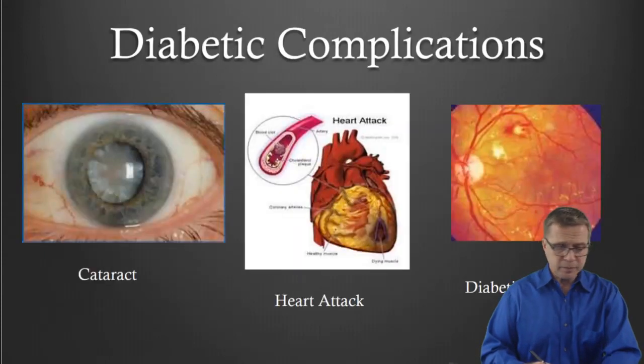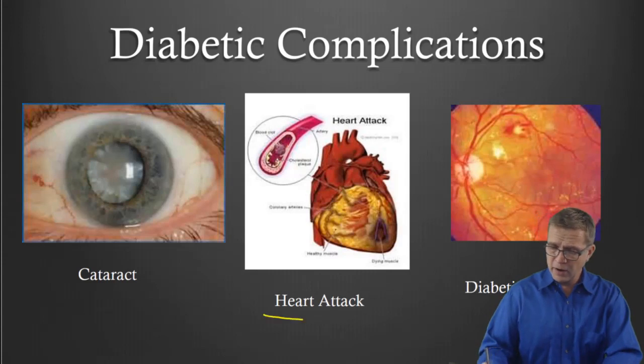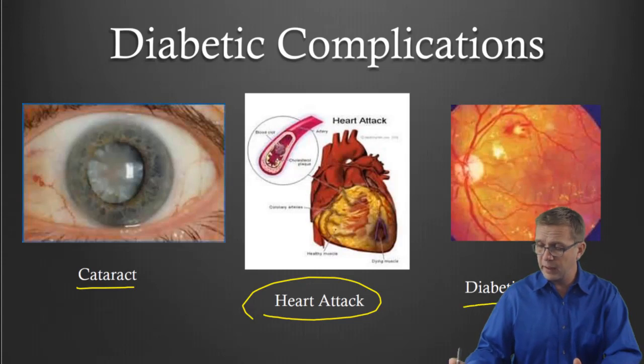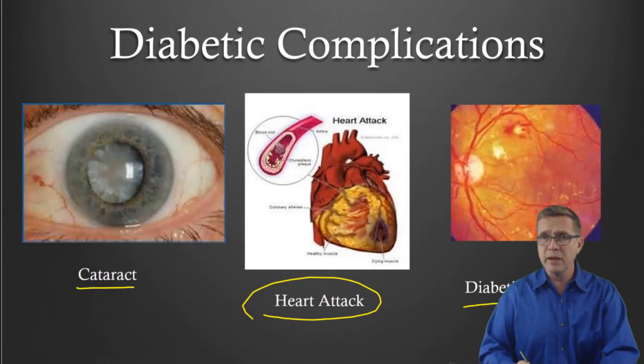What can happen? Mentioned before, it's a much greater chance for heart attack. And because we're basically getting abnormal blood flow, it's going to affect the eyes, possibly buildup of cataracts or diabetic retinopathy. Like I said, basically, if you look at the image on the right over there, what's going on there?